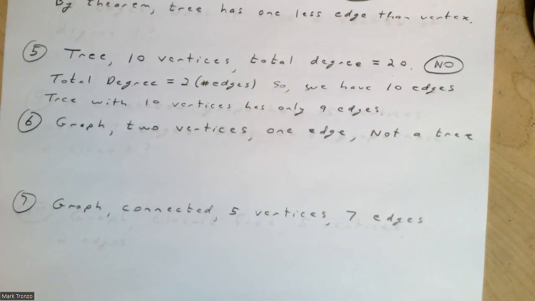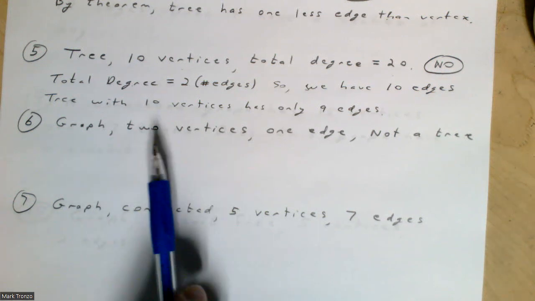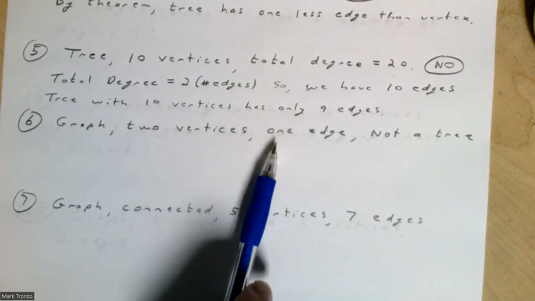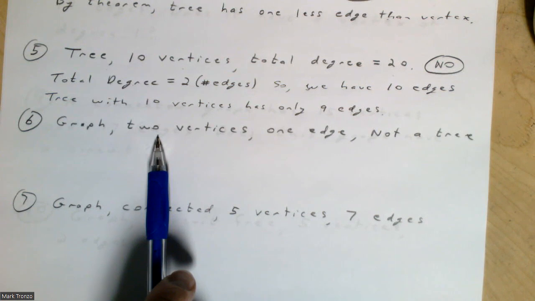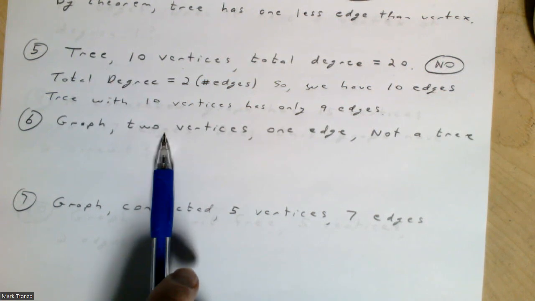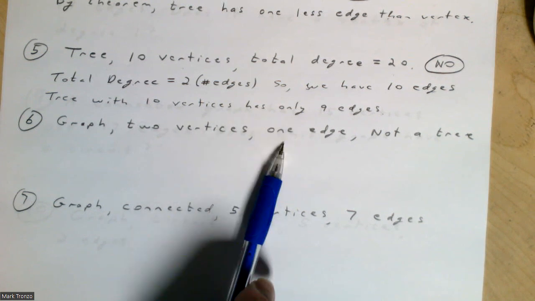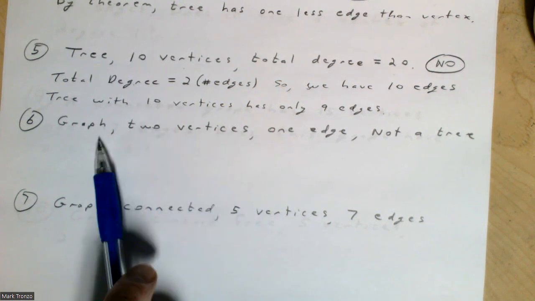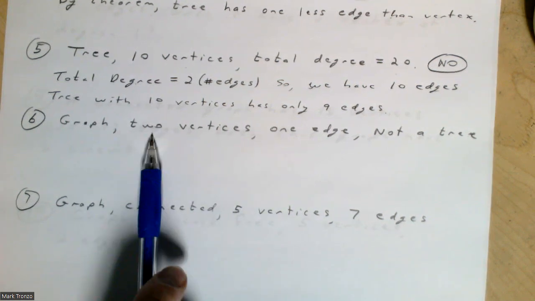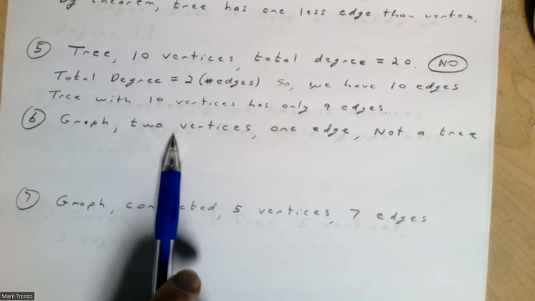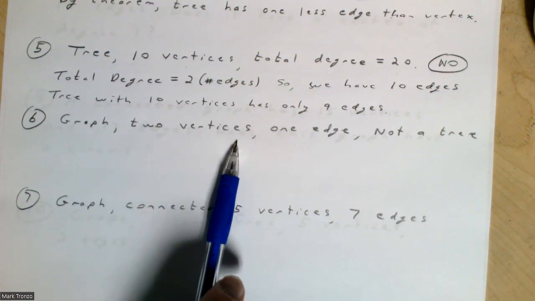And now, normally you'd think, okay, 2 vertices and 1 edge. That's the definition of a tree. We have n vertices, 2, and n minus 1 edge, 1. So that has to be a tree. However, it doesn't say anything about being connected. It doesn't have to be connected. There's nothing about connected here.